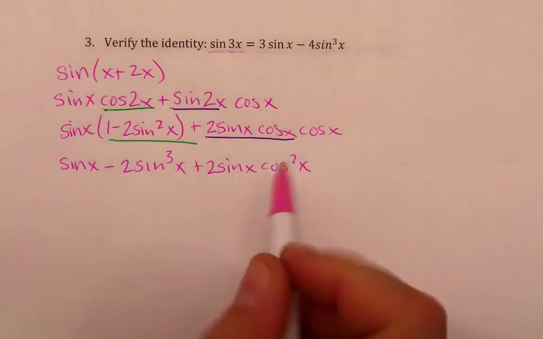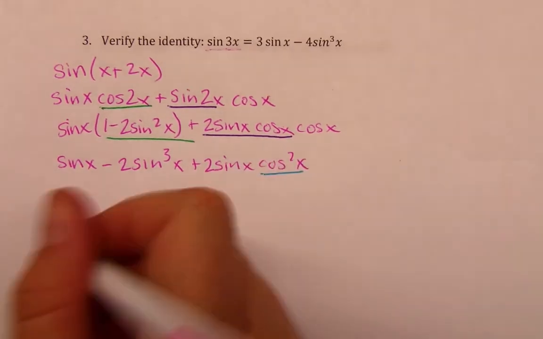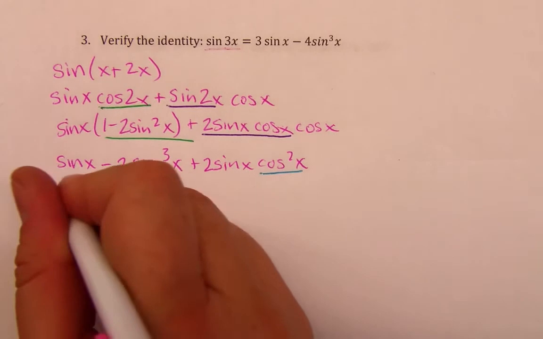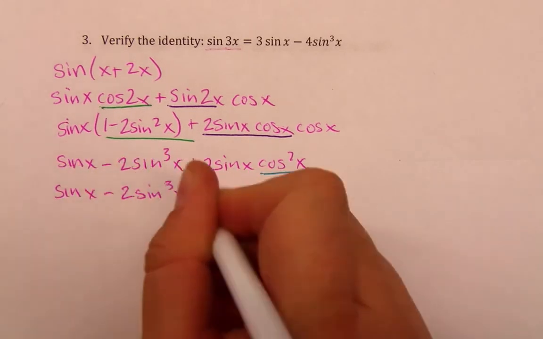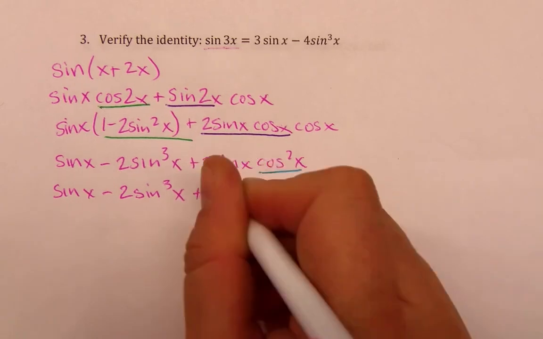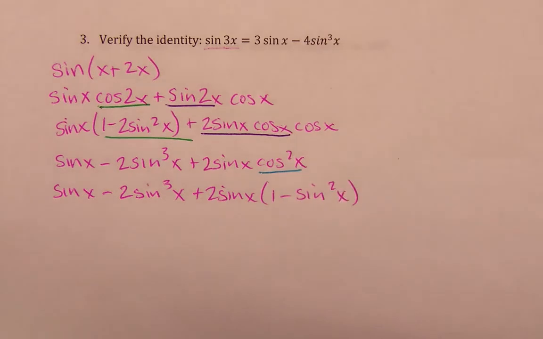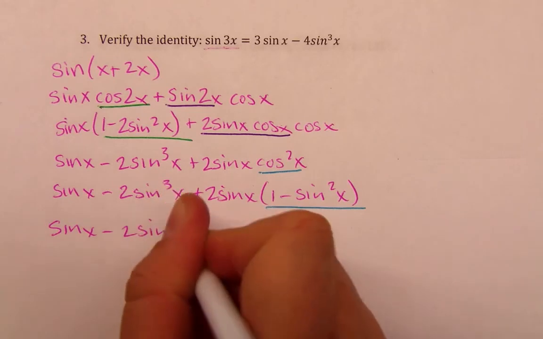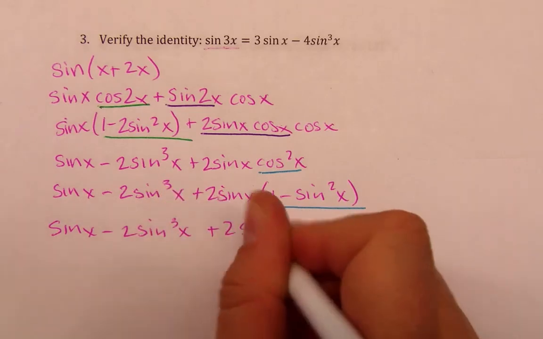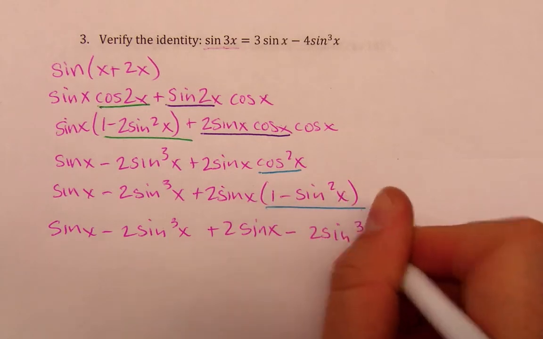So now I want to replace this piece right here, and I can replace that with 1 minus sine squared x. So sine x minus 2 sine cubed x plus 2 sine x minus 2 sine cubed x.